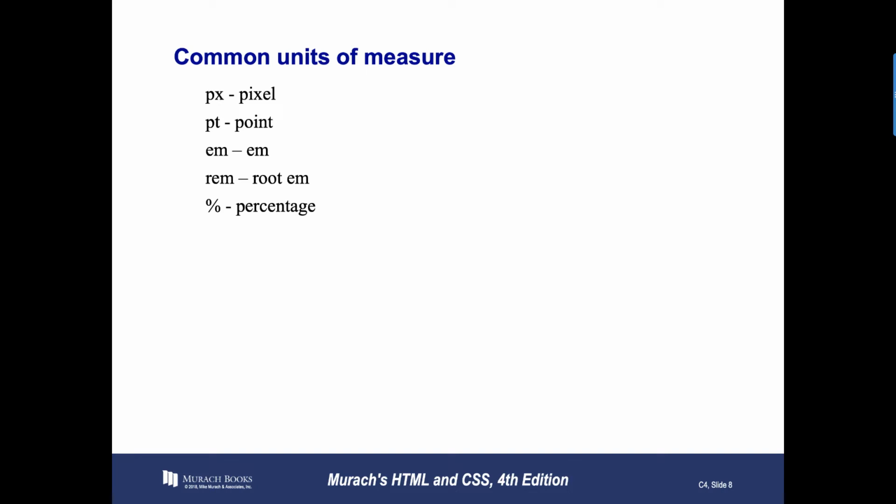And then percentage, right? You can say make this thing 50% or 200%. And again, there's an exercise, an assignment in this module that's going to have you deal with that.